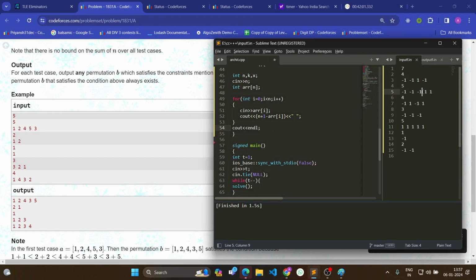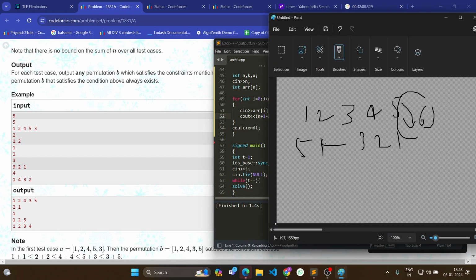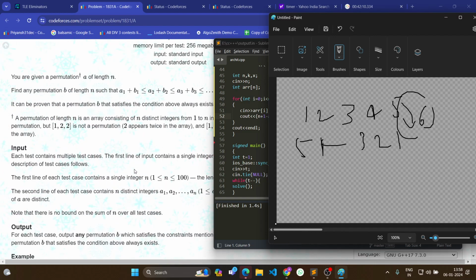Okay, so this is intuitive. Let me prove to you that the answer will always be this. He's saying that I need to make all these elements equal, all these sums less than or equal to each other. So I can make all of these elements equal to some value. Why?